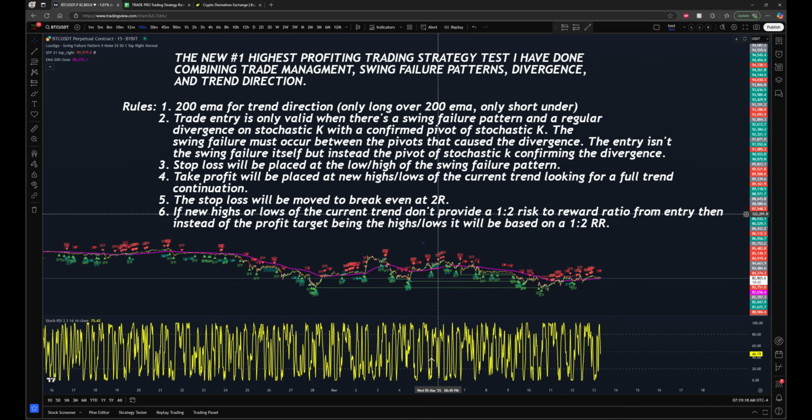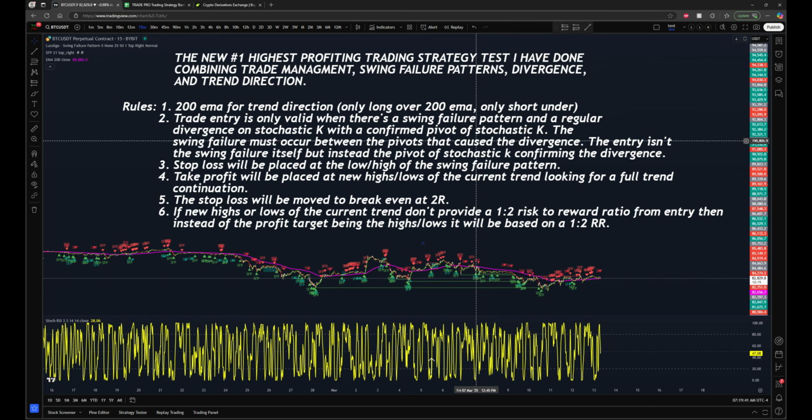Rule number 1. We have the 200 period exponential moving average for the trend direction. So we're only going to go long over the 200 EMA, only short under the 200 EMA. Number 2, trade entry is only valid when there's a swing failure pattern and a regular divergence on stochastic K with a confirmed pivot of stochastic K. So we're not entering based on just a swing failure pattern.